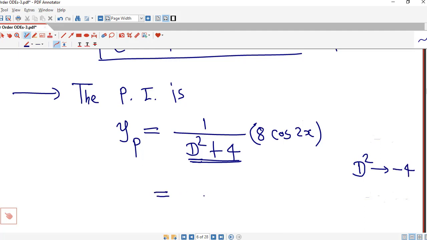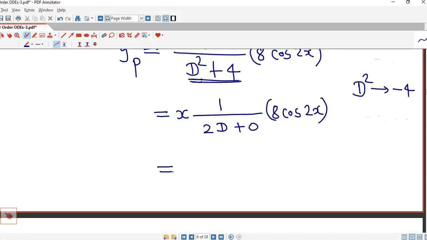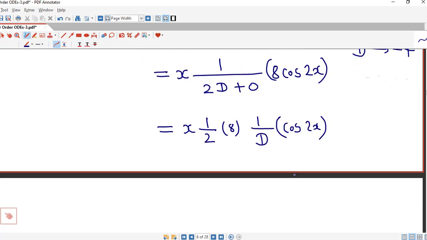So instead of that, we differentiate D square plus 4 with respect to D, that is, the derivative of D square is 2D plus the derivative of 4 is 0, and we have to multiply by x whenever we differentiate, and we keep this as it is, 8 cos 2x. So now this is going to be x into 1 by 2. Here we consider 8 constant outside, 1 by D of cosine of 2x.